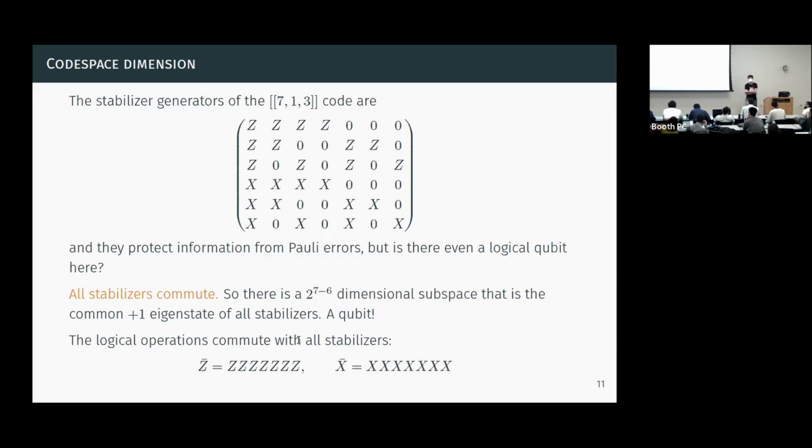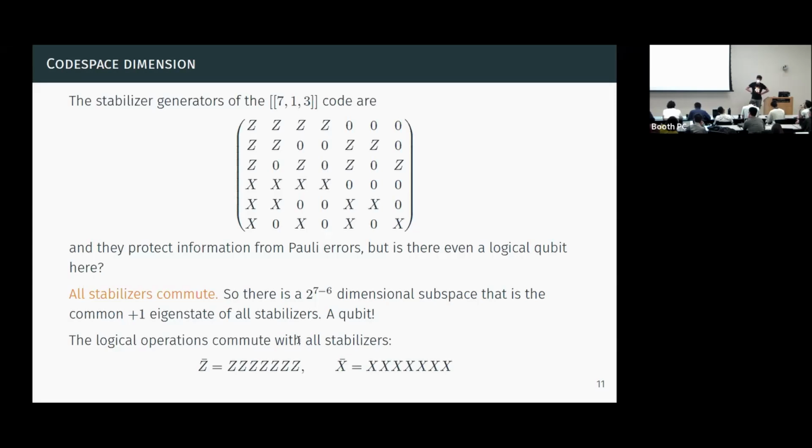Yeah, question. Arbitrary unitaries. The Pauli errors are a basis for unitaries.